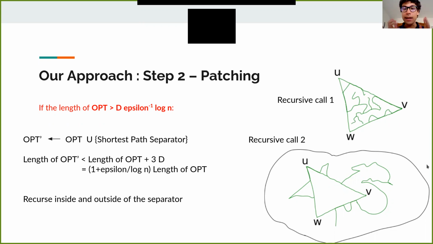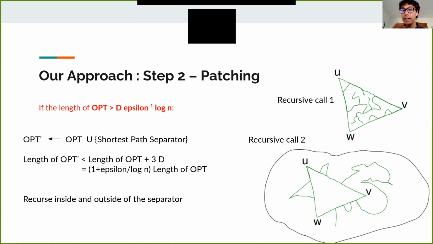So I can forget the connectivity pattern inside and the connectivity pattern outside when I want to solve. When I recurse on the inside, I forget what was happening outside because I know that anyway the whole boundary will be included. So it doesn't matter which pieces are where. Same thing for the outside. When I recurse outside, I know that I'm going to add this separator anyway, and that it's going to guarantee connectivity. So now we can independently recurse on the outside and the inside of the separator.